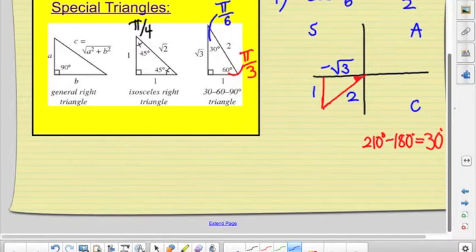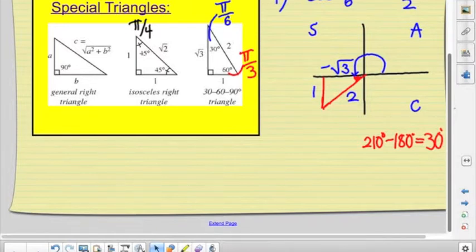Okay, right now we're only focusing on the terminal arm. We could have a related angle, but here we're just showing the value of cos 7 pi over 6. We're not looking for related angles yet. We're going to get to that question.